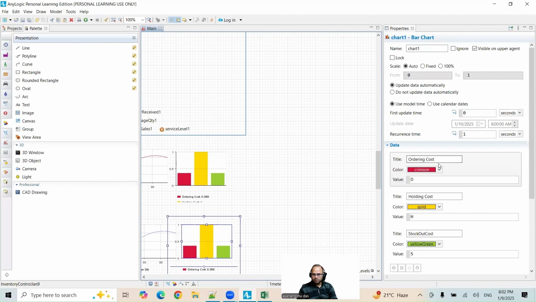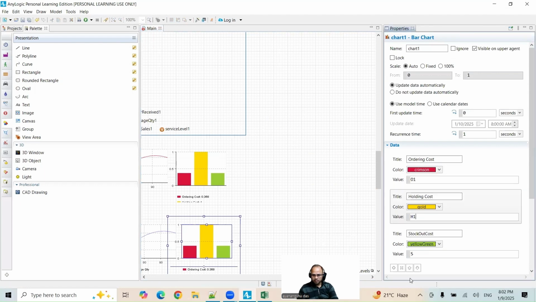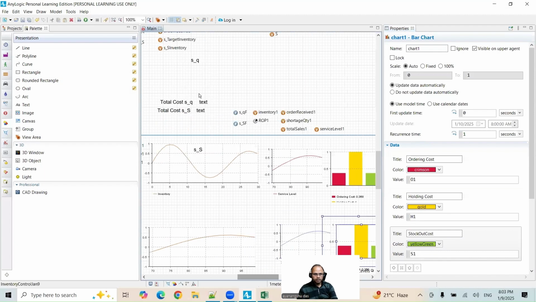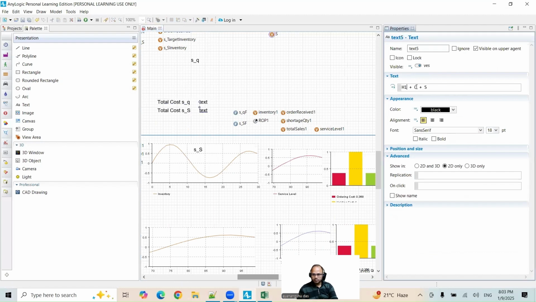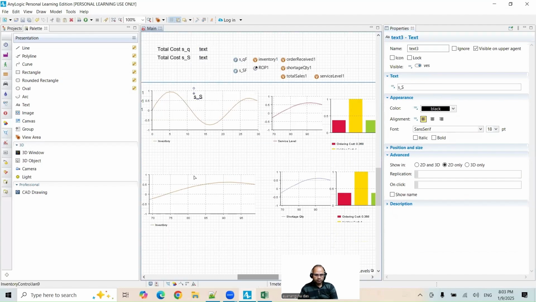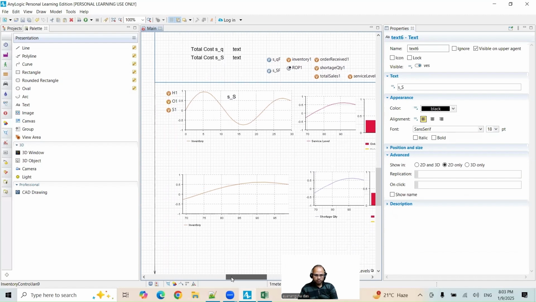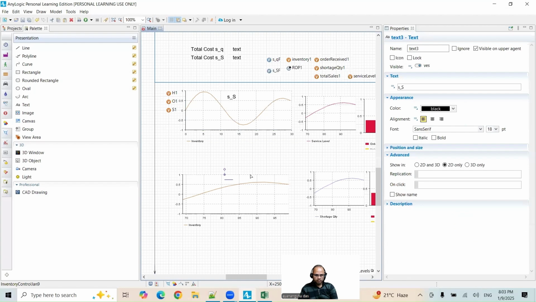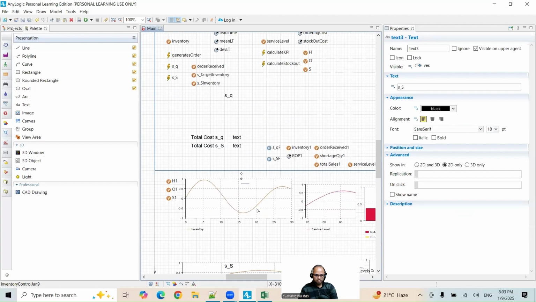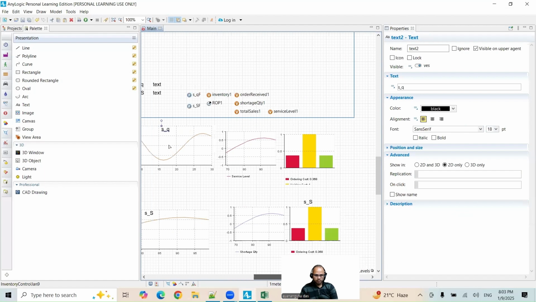So here we will declare the ordering cost of the SS policies, and the total cost. We will also have to define the variables that are declared for SS policies. And we will also label these appropriately with the correct policy name.